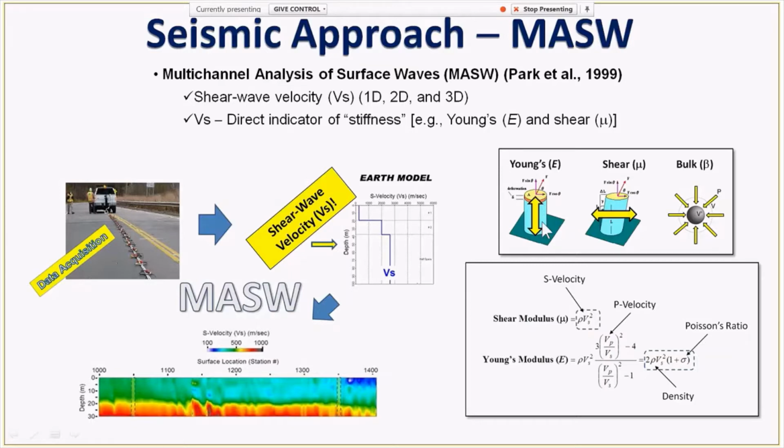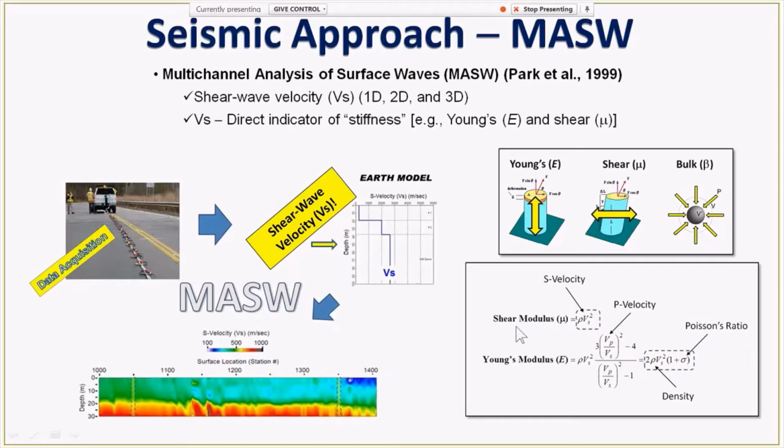The other is the shear modulus, which is a measure of a material's resistance to transverse deformation. The last is the bulk modulus, which is a material's resistance to volume change. When it comes to geotechnical materials, the first 2 moduli are most appropriate and also most important.